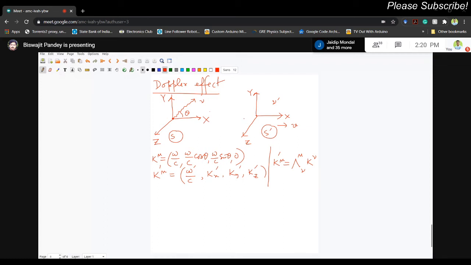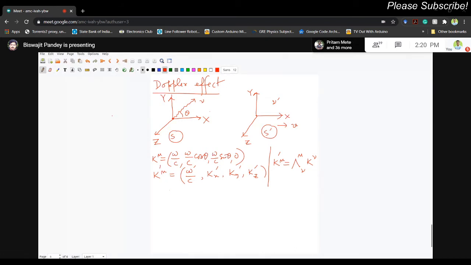So it depends on which frame you are in, and then you have to decide how to calculate the quantities in a given frame. In this particular example, since we are interested in calculating the quantities in the prime frame, because in the unprime frame we already know the frequency nu and the angle theta, let us calculate that in the prime frame. So what will be the transformation?